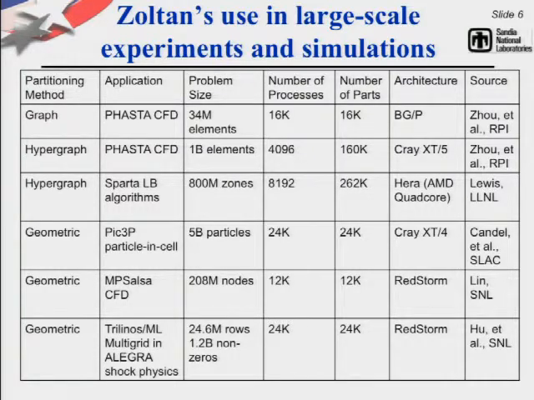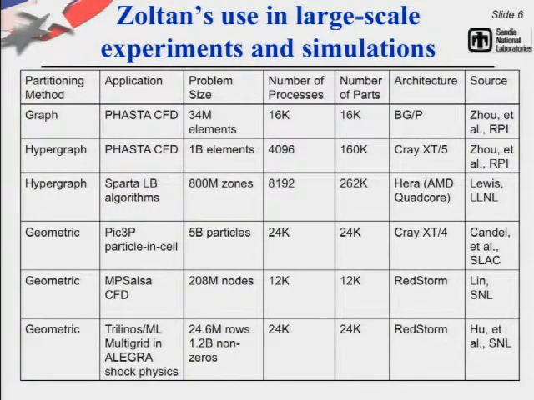Okay, so the first column, the different types of algorithms within Zoltan, you can ignore for now. Here are some of the codes or applications that have been using Zoltan, and the problem sizes. What I want to show you is that if you have computational fluid dynamics on 1 billion elements, and you want to run on like 4,000 processors, then you have a supercomputer, and Zoltan can help you.